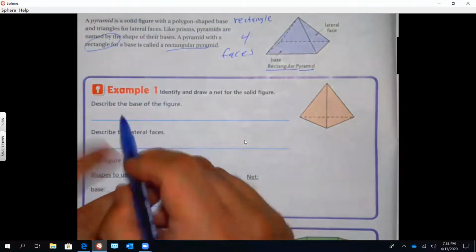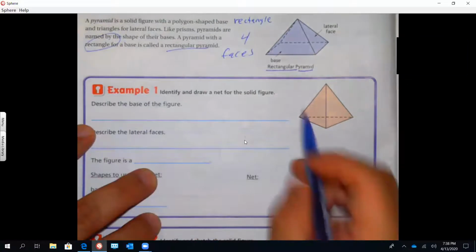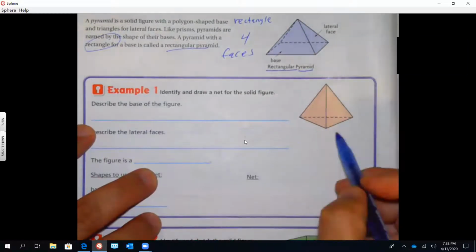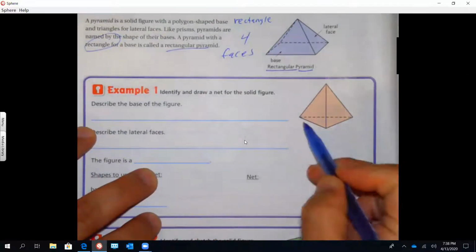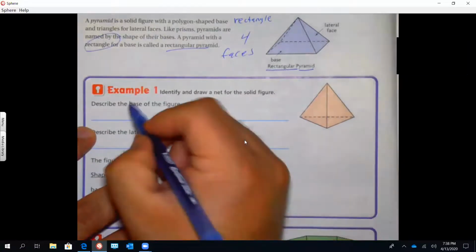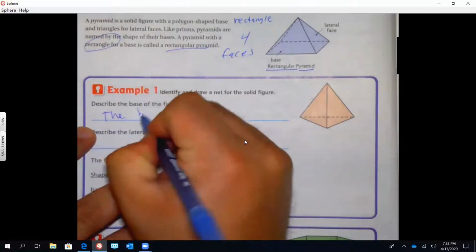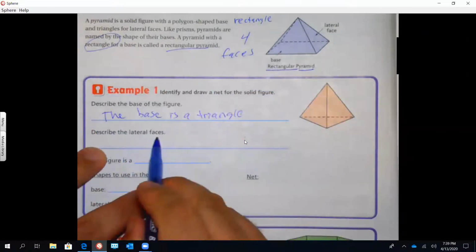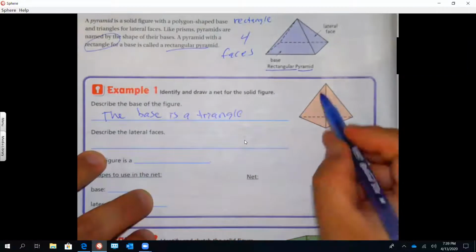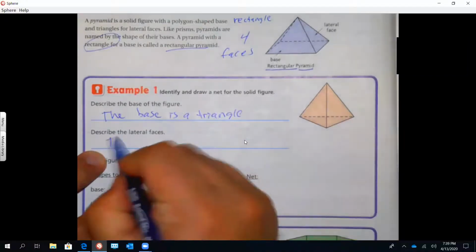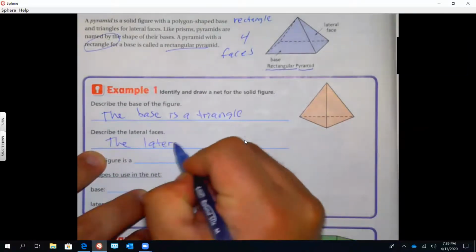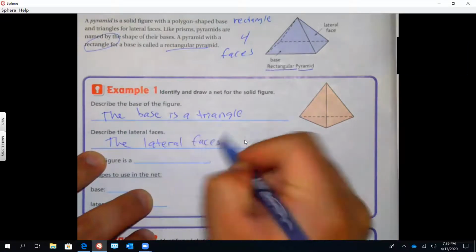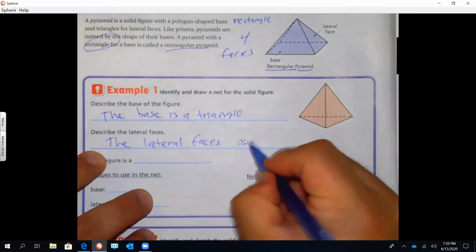So describe the base of the figure. What does that look like to you? Well, the base is a triangle. Describe the lateral faces. Well, what shape do these make? The lateral faces are triangles.